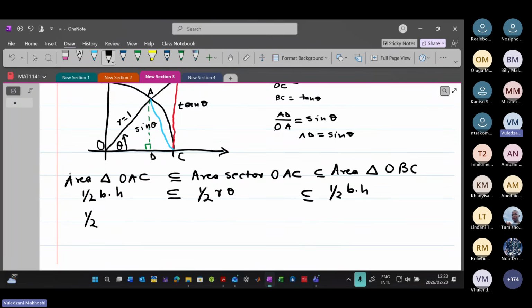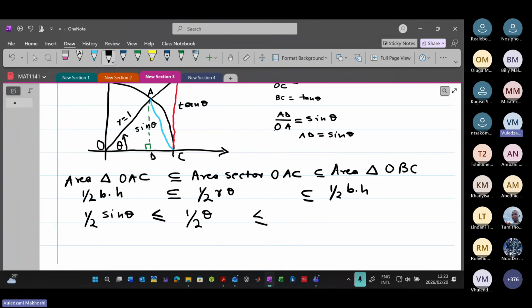Using this diagram, we have a half for triangle OAC. The base in this case is OC, which is 1 unit because that is the radius, and the height is sine theta. So we can use the inequalities, and R is 1.